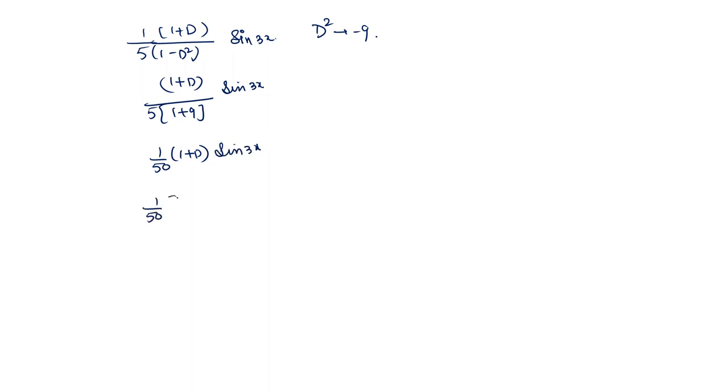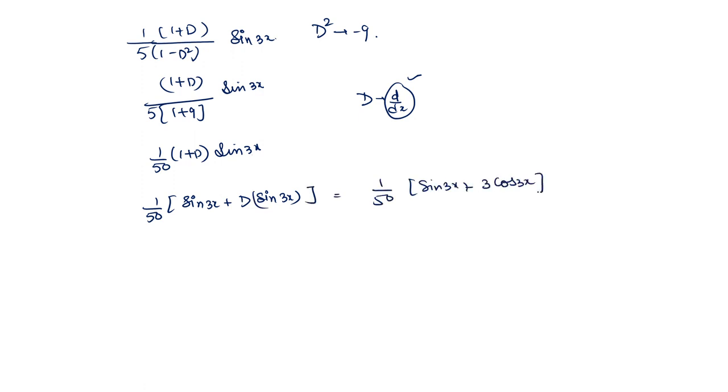Simply 1 by 50, 1 into sine 3x plus D sine 3x. What is D? D is the derivative with respect to x. So it is 1 by 50 (sine 3x plus 3 cos 3x). This is the value of the particular integral.